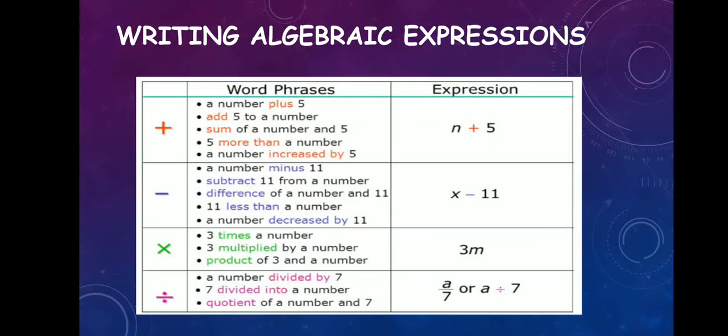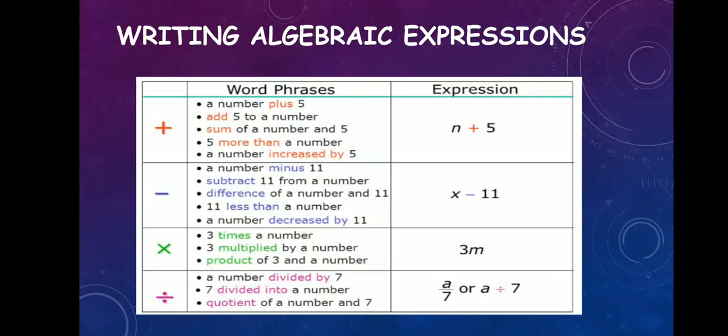For the next expression, x minus 11: a number minus 11, subtract 11 from a number, difference of a number and 11, 11 less than a number, a number decreased by 11.